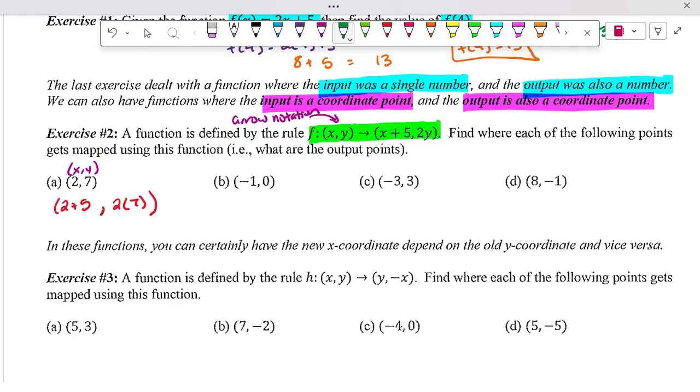So these are two separate operations. We're not combining them because we're finding two different coordinates. All right, so we're finding the x coordinate and the y coordinate. So what's my new point? (7, 14). 2 plus 5 is 7. 2 times 7 is 14. Not too bad, right? It's just a plug and chug.